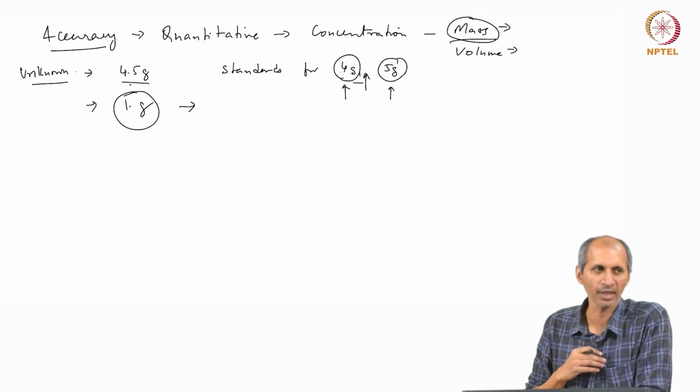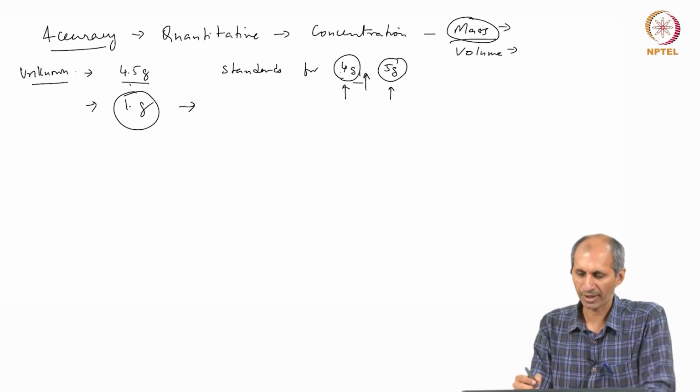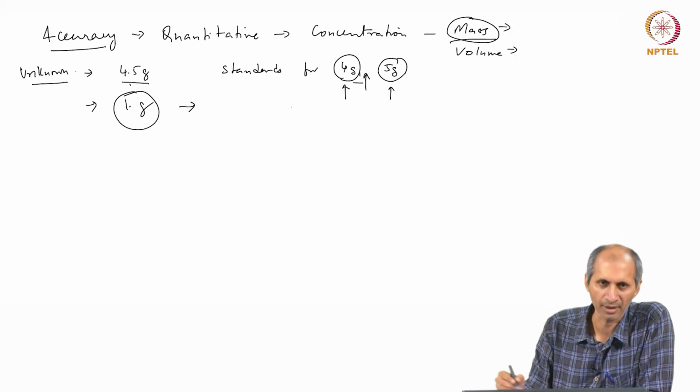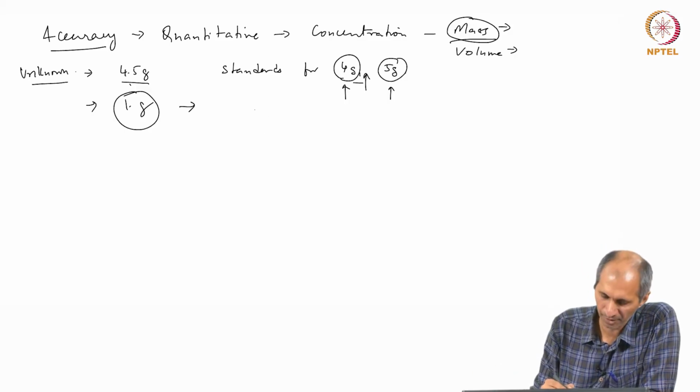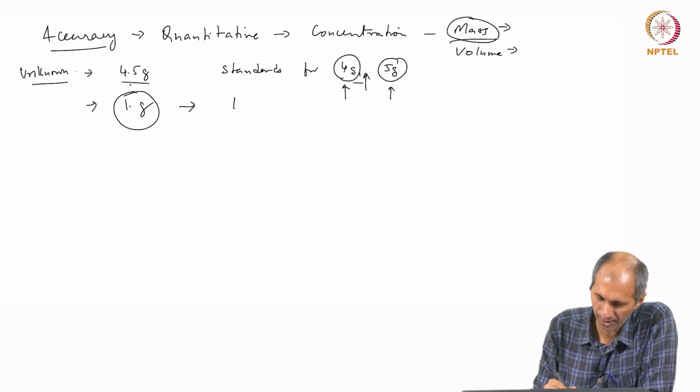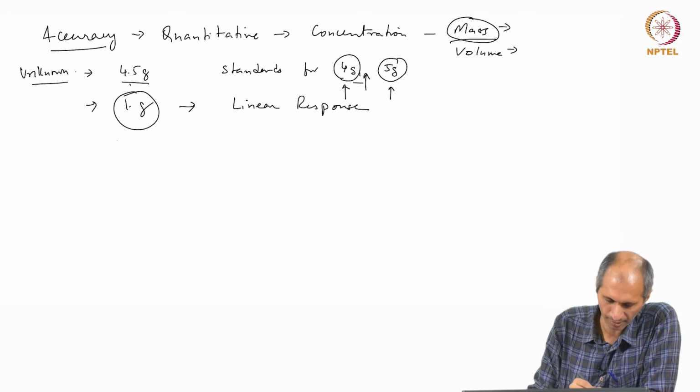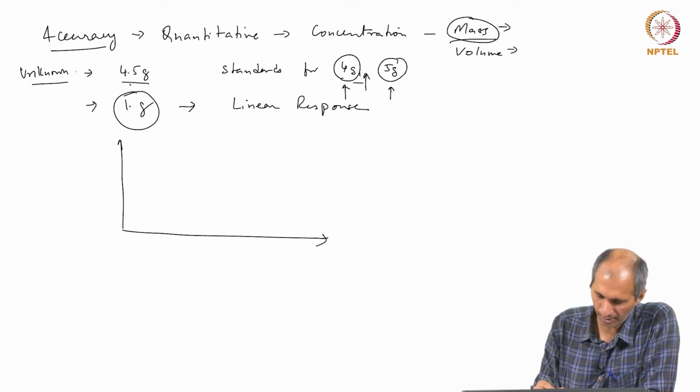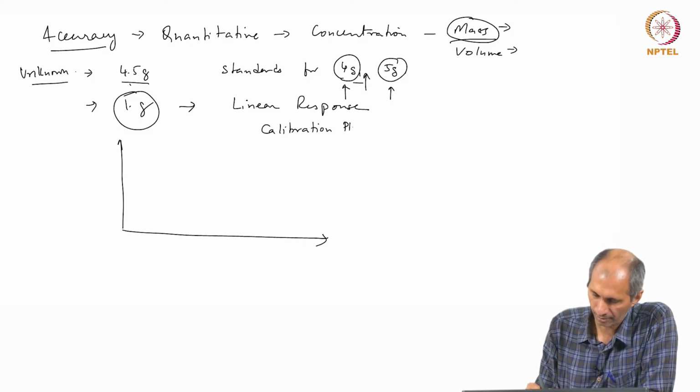If there is a proportional increase in the response, what we would like instruments to have is what is known generally as a linear response to stimulus. So here is where we come up with this term in order to establish this, what we call a calibration plot or calibration data.